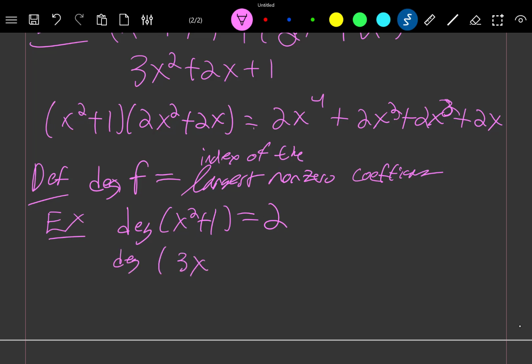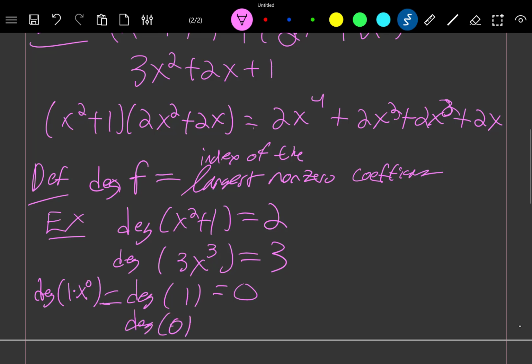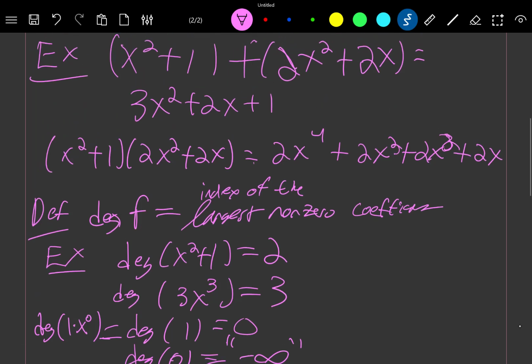But if I take, say, 3x cubed, this degree is 3. And the degree of 1 will be 0, because we can think of 1 as 1 times x to the 0, because anything to the 0 is 1. But the degree of 0 is not defined, or some people will define this as negative infinity. So this is kind of what polynomials are and what the degree is.